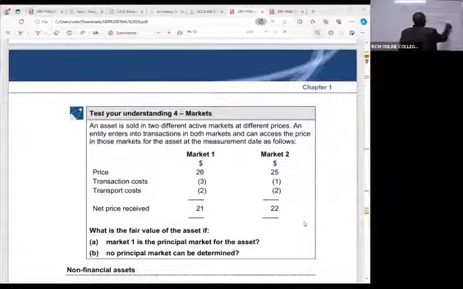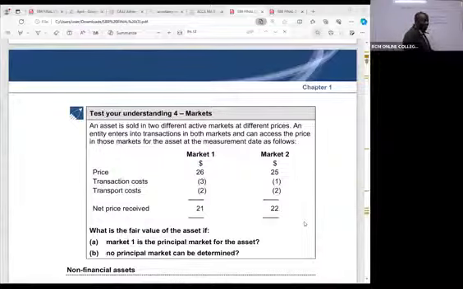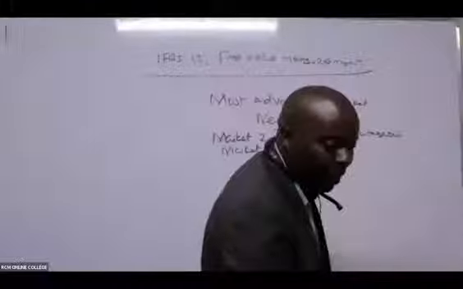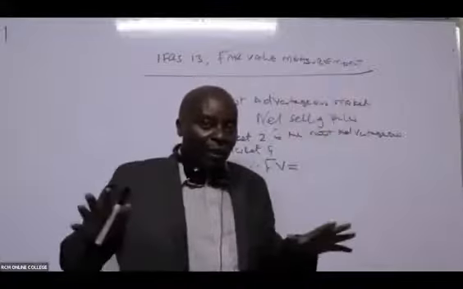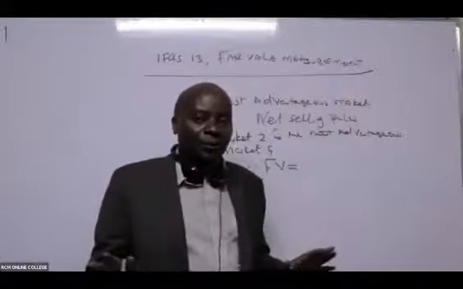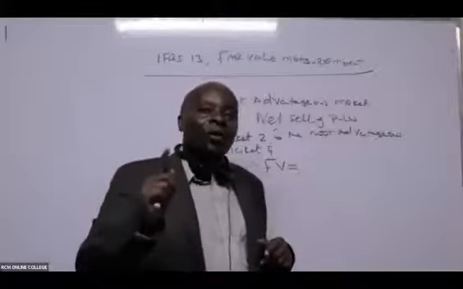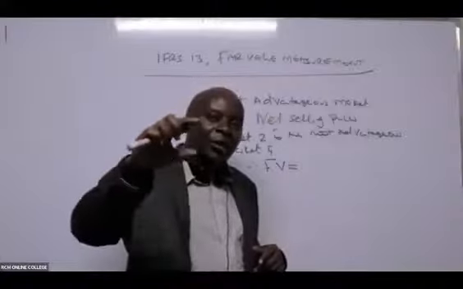And therefore, when it comes to fair valuation, I will always ignore transaction costs now. Remember, when I'm getting the most advantageous market, I have to consider all costs because I'm looking at the net selling price. But now we have come to the bullseye, which is fair valuation.